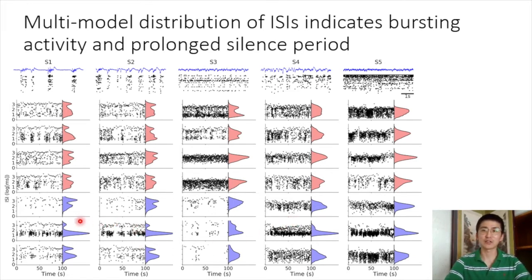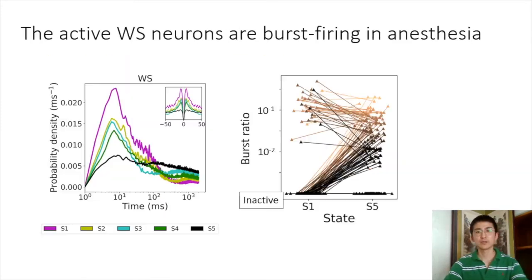The large ISI value near 1000 milliseconds corresponds to silent period that contributes to an upper peak in ISI histogram. In addition, some wide spiking neurons in S1 and S2 showed burst activity that was associated with very short ISI near 10 milliseconds.